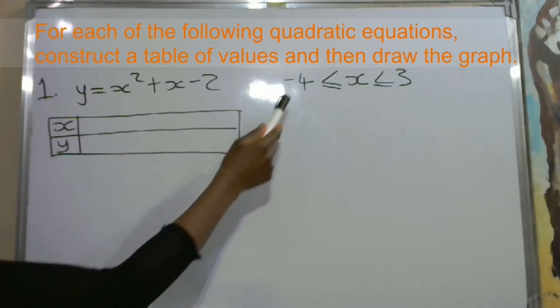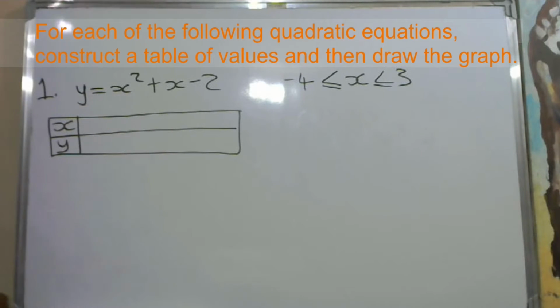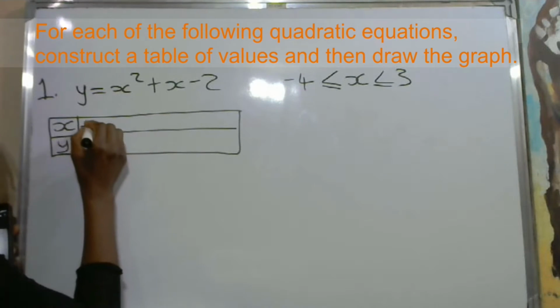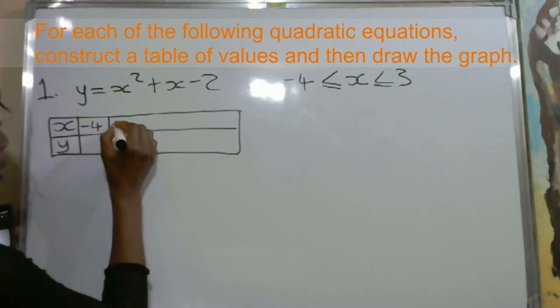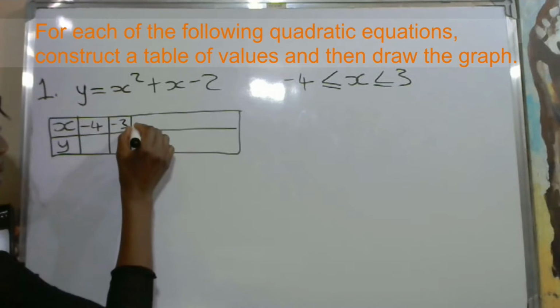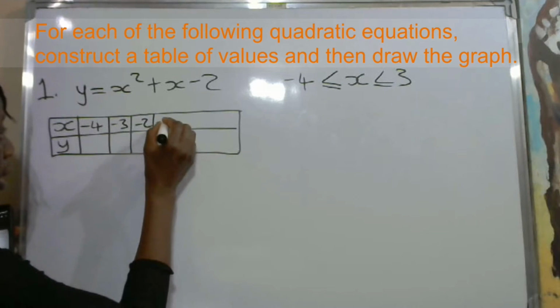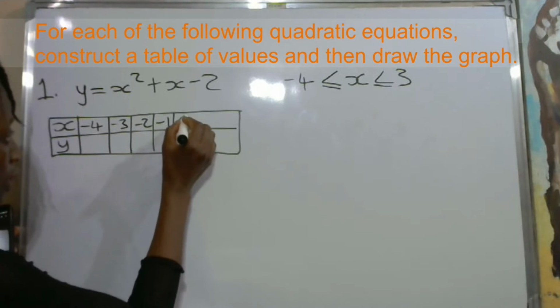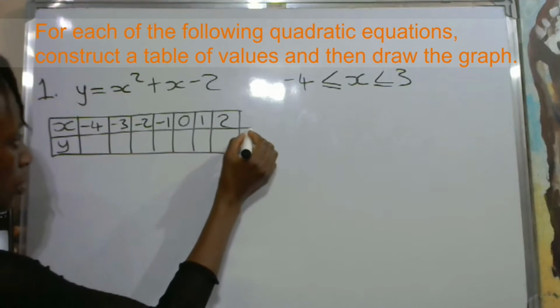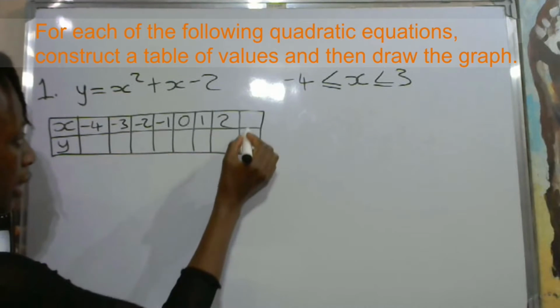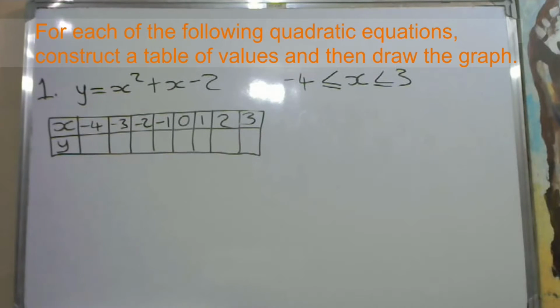Since we are told about the x values, they range from -4, so we are going to include our x values there. Let's put -3, -2, -1, 0, 1, 2, and lastly our 3.